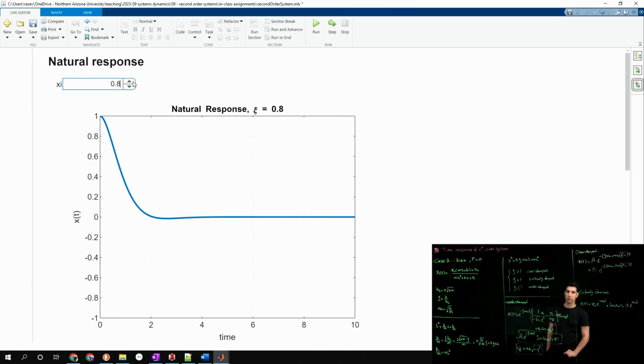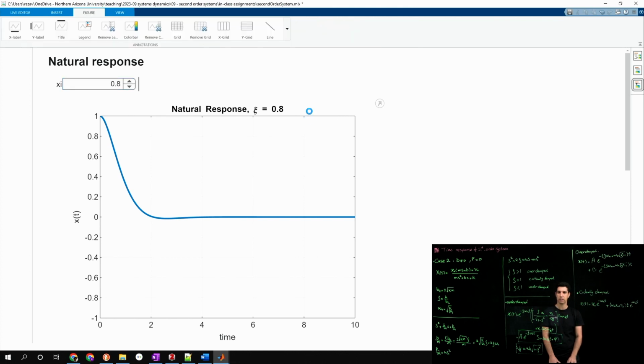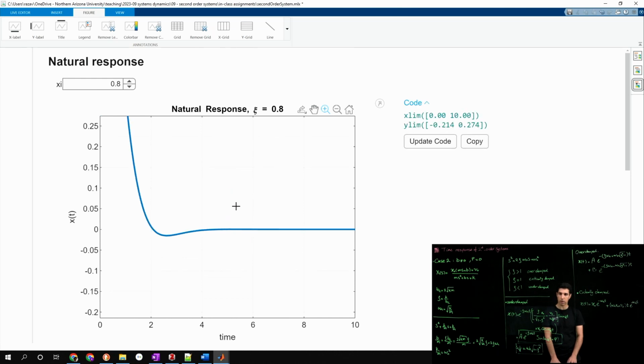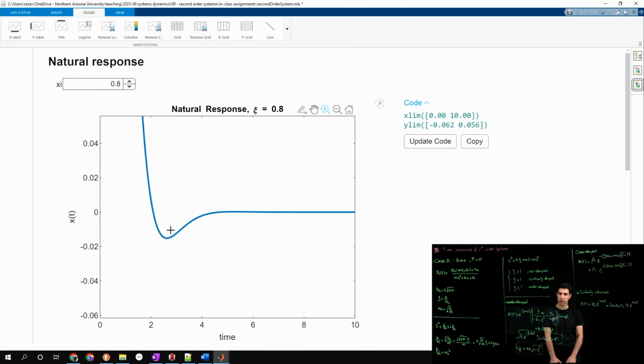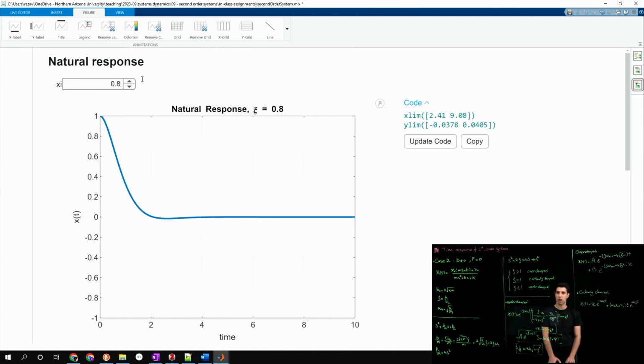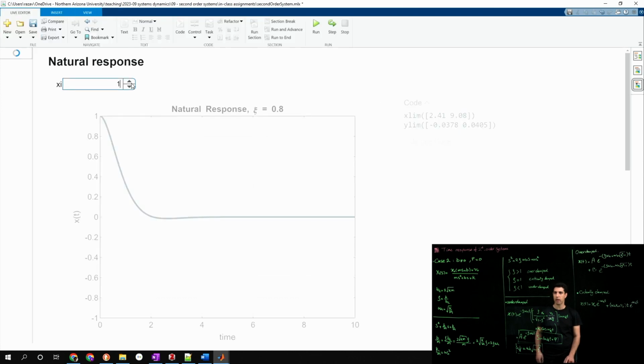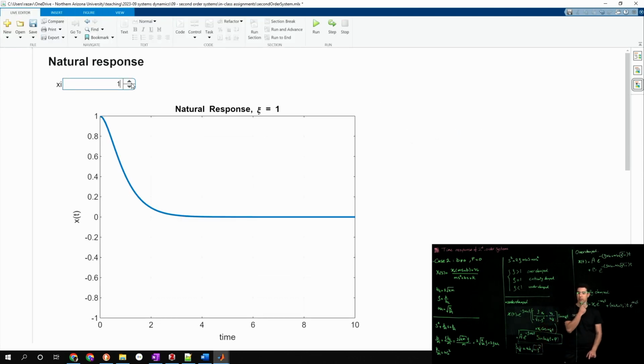Keep going on. Damping above 0.8 or 0.9 doesn't show a lot of oscillation, but still it exists. So if I can zoom in, you should still be able to see some oscillation, that it comes down, goes up, but it is almost non-oscillatory until we reach the value of 1.